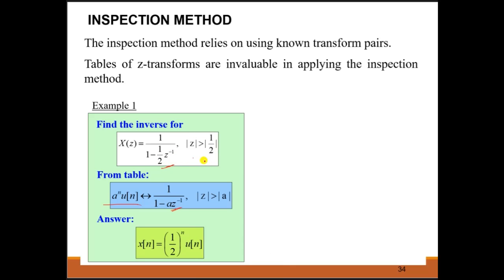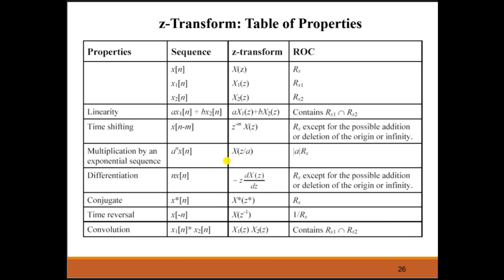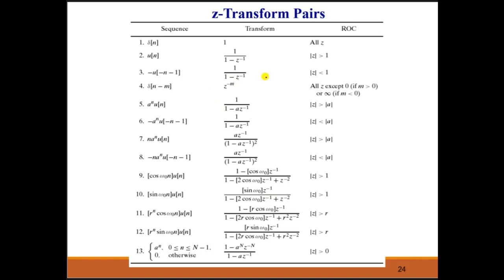Okay, so you have to look at its ROC. So the ROC is the same, then you get its Z transform. You know which Z transform to use, and you know which sequence to use. Okay, so you look at its ROC. Because if you remember from the table, this one has the same Z transform, but the ROC is different, so the sequence is also different. So the Z transform is the same, so which one to use? So you look at its ROC.